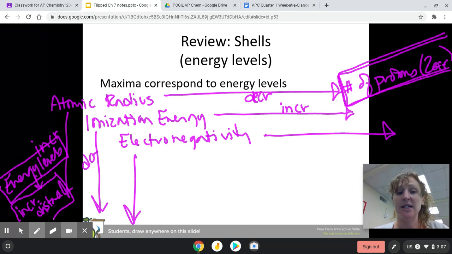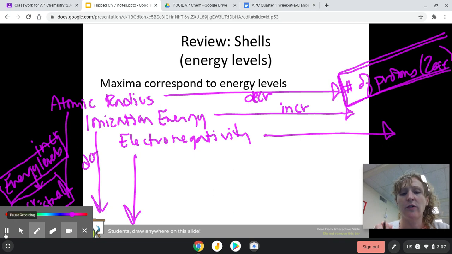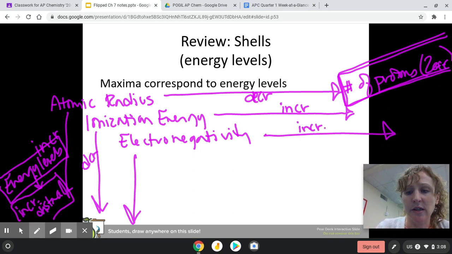Electronegativity is the attraction between the valence electron and the nucleus. And so electronegativity from left to right is going to increase. So the fluorine is going to be more able to attract an electron because it has more protons.